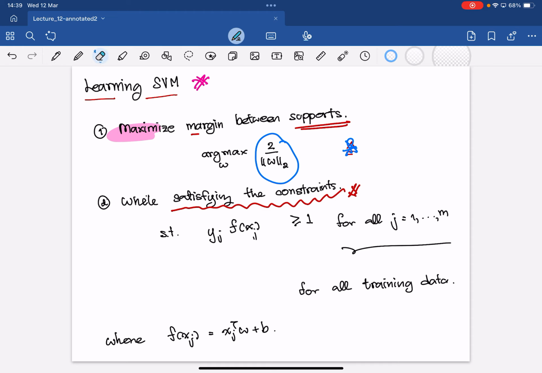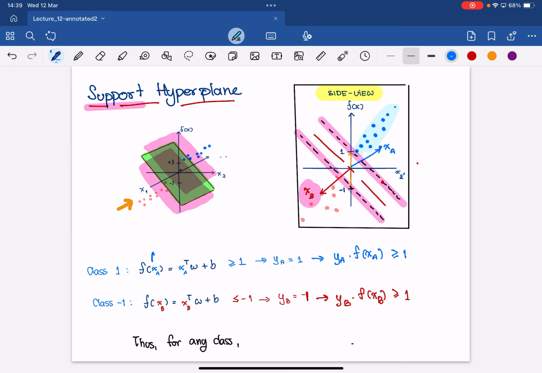And then, please don't forget that we also need this mapping value to map x to the right place, right? And as we know, if we put x in this support hyperplane and it maps to the right direction, suppose x came from class 1, it should map to a value greater than 1. And if you multiply the class value of that point A with the function itself, you should have a value greater than 1.